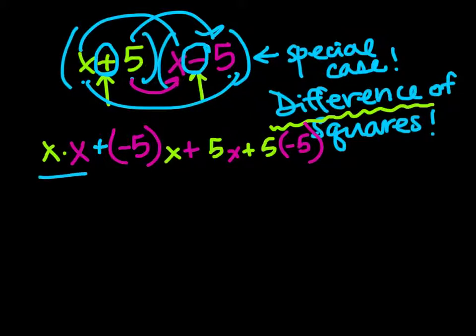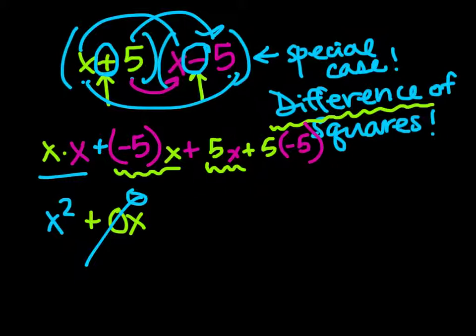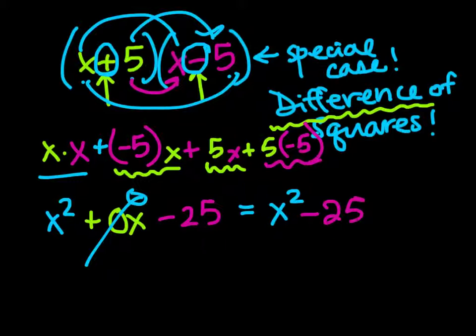So doing the math, we get x times x, which is x squared. We then get negative 5x plus a positive 5x, and a negative plus a positive, if you were adding those together, we'd get 0x, which would mean this whole term just disappears. And we have 5 times a negative 5, which gets me a negative 25. So my final answer would be x squared minus 25.